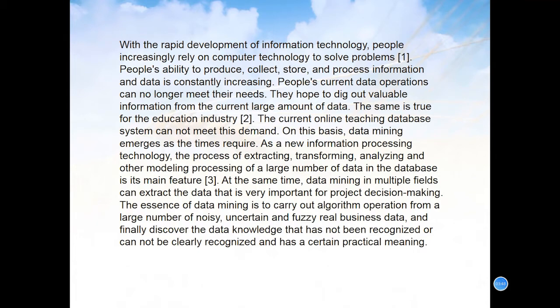The essence of data mining is to carry out analysis of information from a large amount of noisy, uncertain and fuzzy real business data, and finally discover data knowledge that has not been recognized or cannot be clearly recognized and has a certain practical meaning.